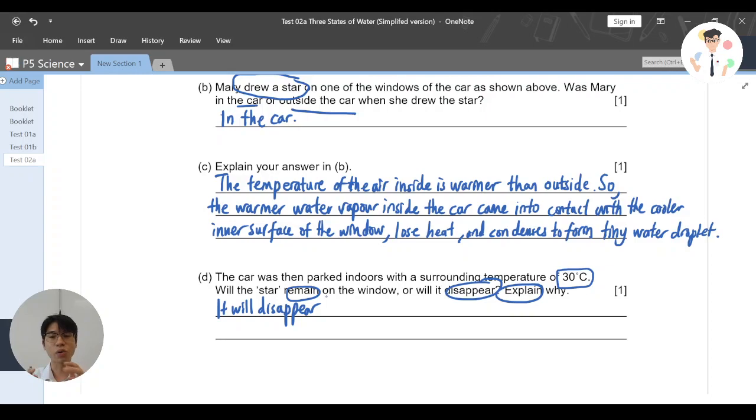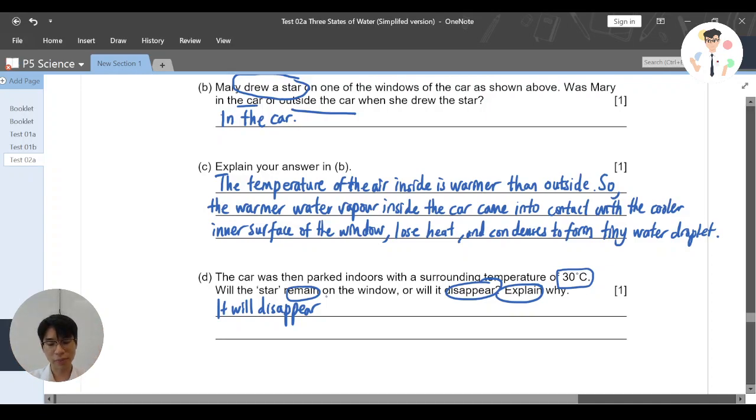And the second thing is, don't forget there's another element involved called evaporation, right? Okay, so you write here: it will disappear. Why? First thing you should explain is there is no cooler surface for condensation to occur.